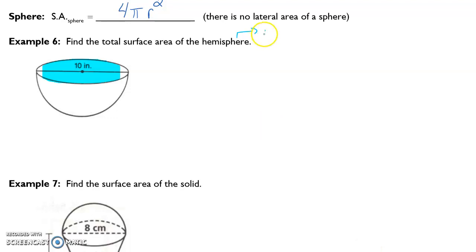So I'm going to include this. I'll call it a base, even though it's technically not a base, but include this circle part here as a circular base.